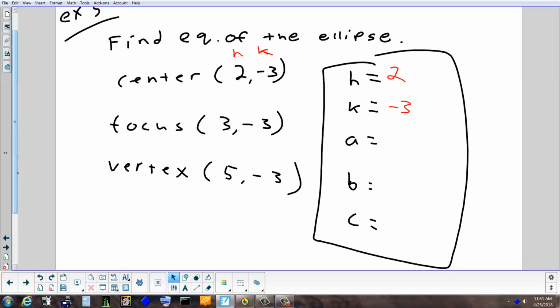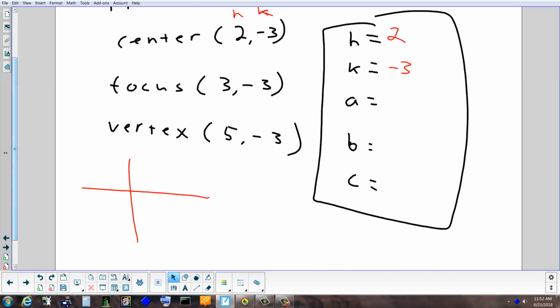Okay, A is the distance from the center to the vertex. If it's too confusing to look at the numbers, you can always draw it out. The center is right 2, down 3. Your focus is right 3, down 3.